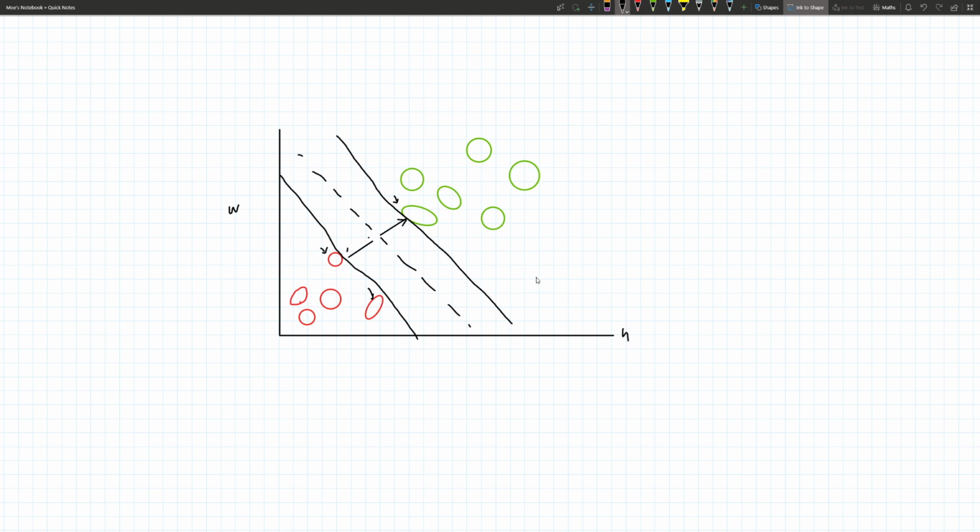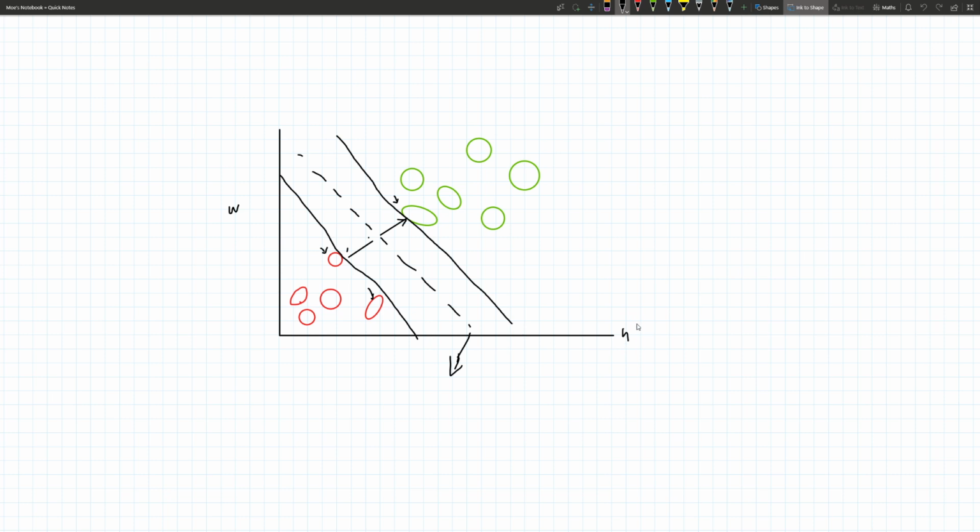But in SVM terminology, this dotted line in the middle of the street is called the decision boundary.